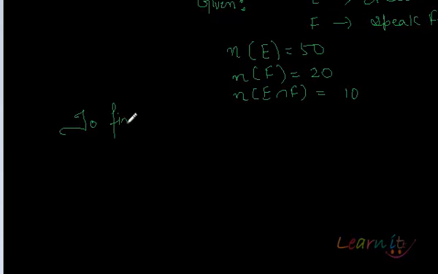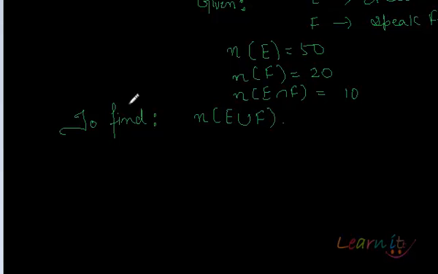We need to find how many people speak at least one of the two languages. That means how many people are actually there. That's what we have to find out. So we need to find out what is E union F.